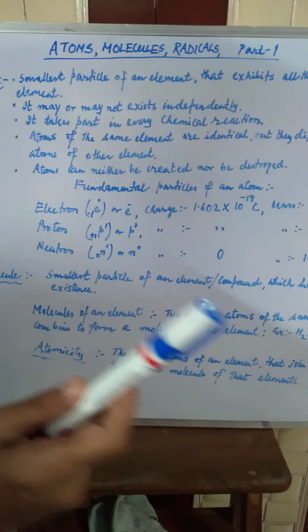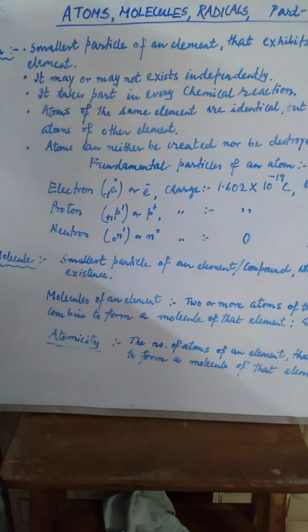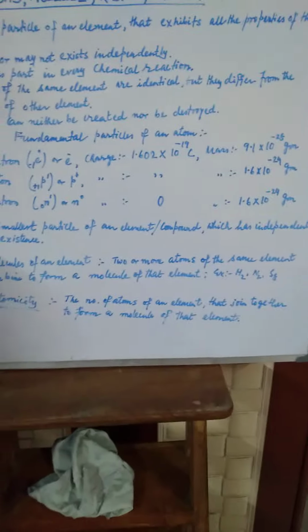Now you see the point that atoms are indivisible. What I said earlier, that atoms are indivisible, but modern science proves that every single atom contains three subatomic particles, namely the electron, the proton and the neutron. The electron is a subatomic particle which has negligible mass and carries a unit negative charge.